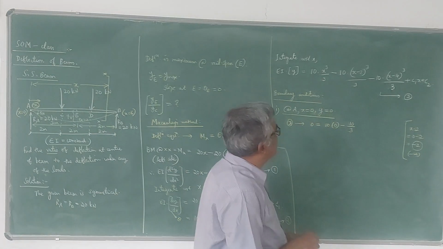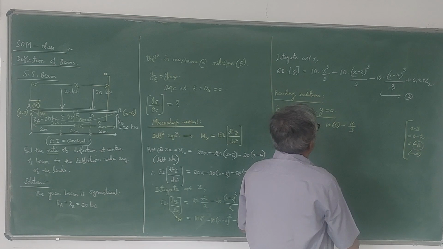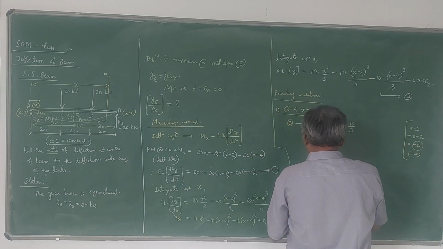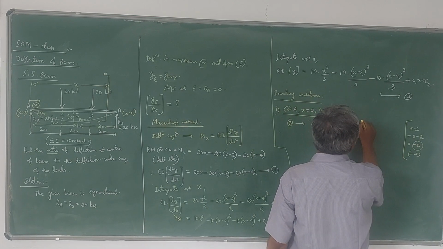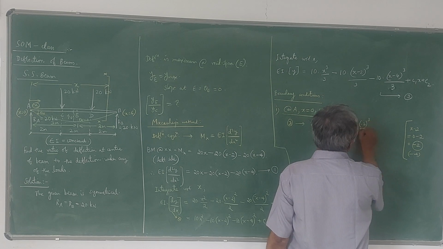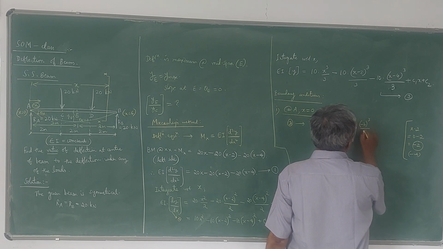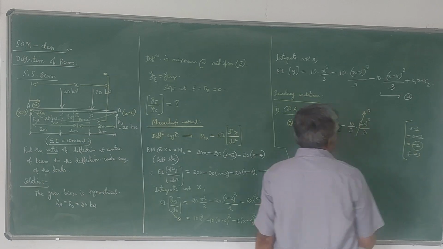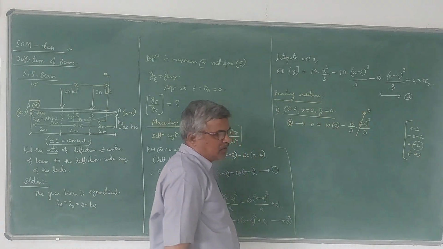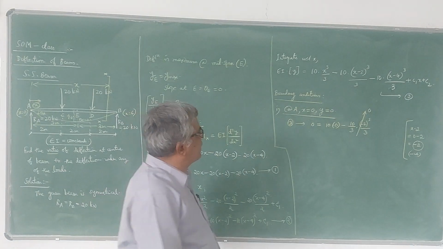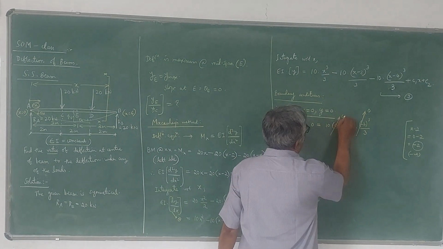That is very important. Here you would get minus 10 by 3 into minus 2 whole cube, but when you get a negative term, you have to neglect it. So it automatically becomes 0.